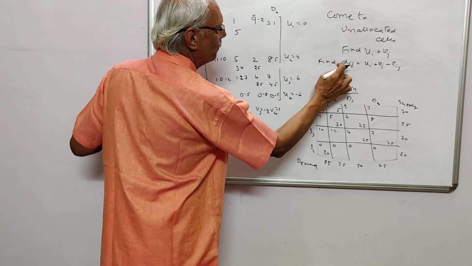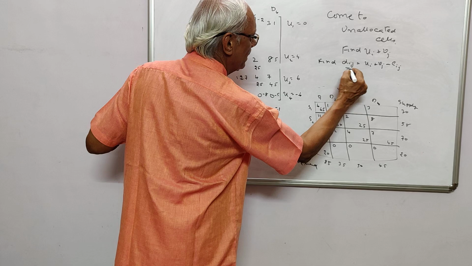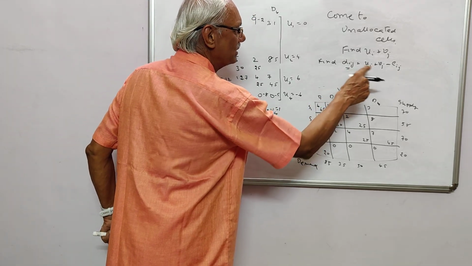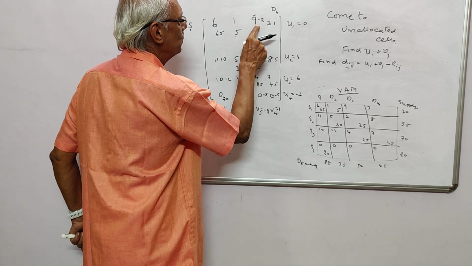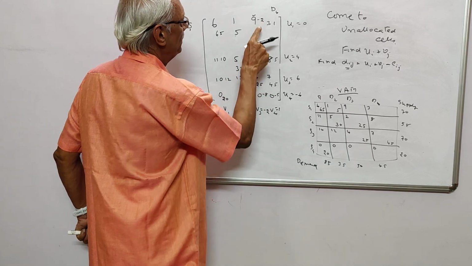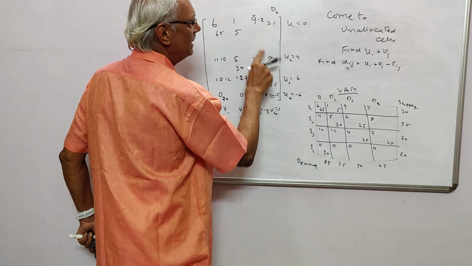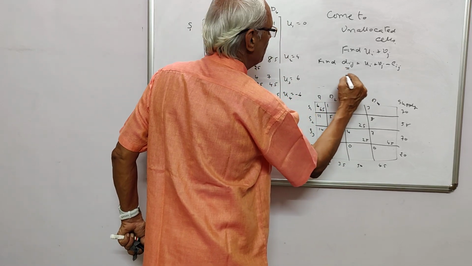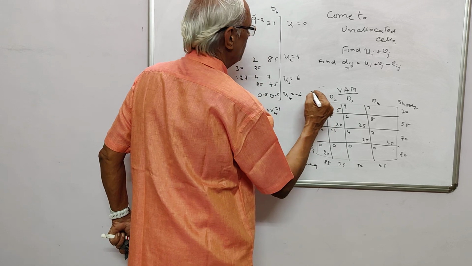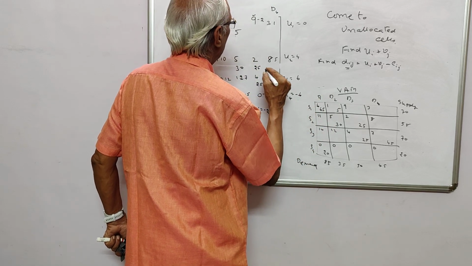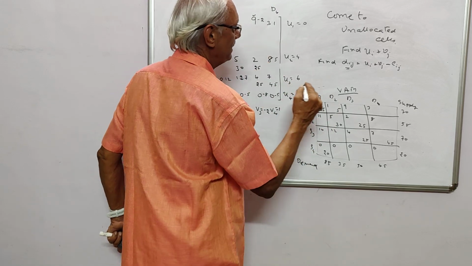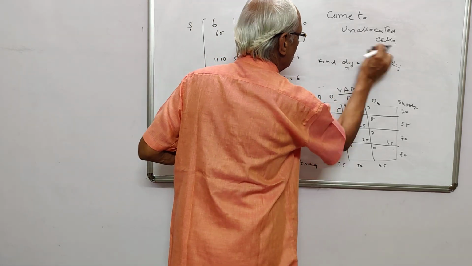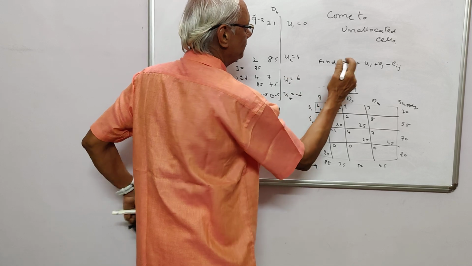You find Dij. This Dij you take as Ui plus Vj. Cij I know. I will write this step very clearly, then only you will understand.